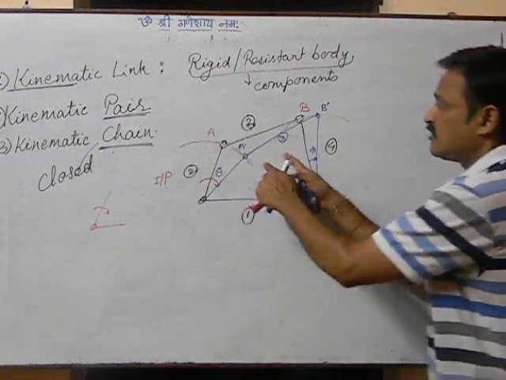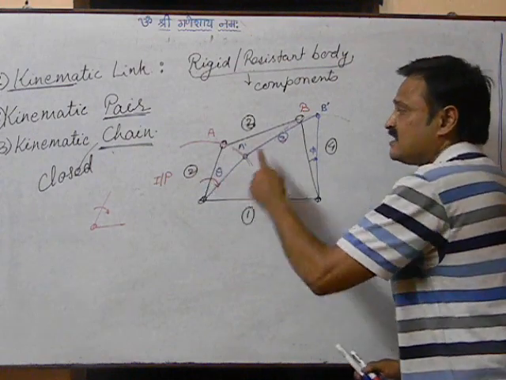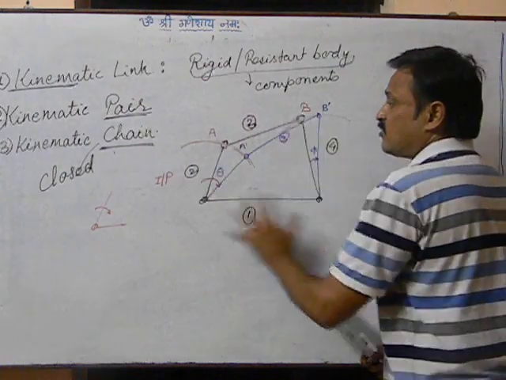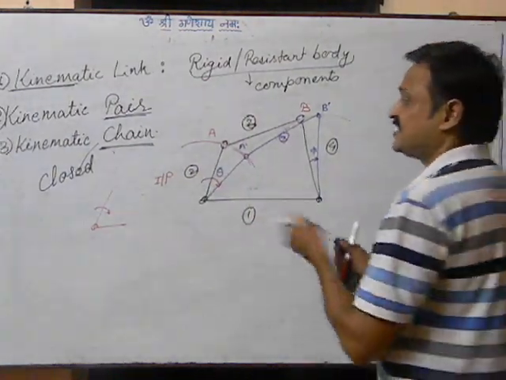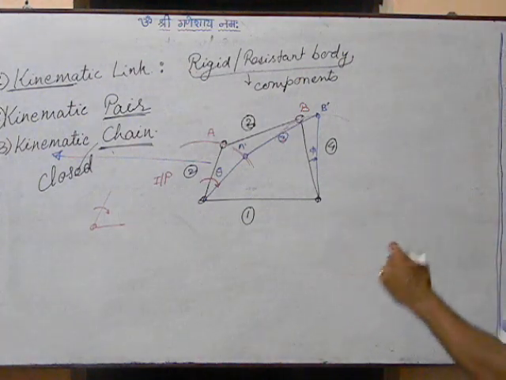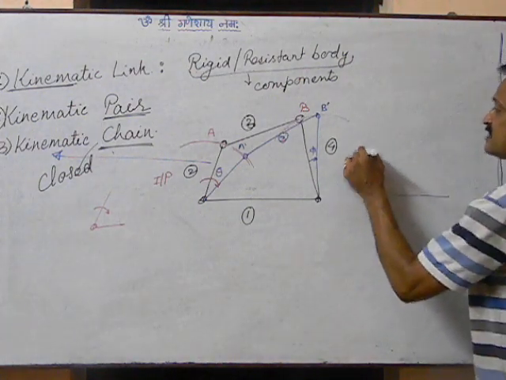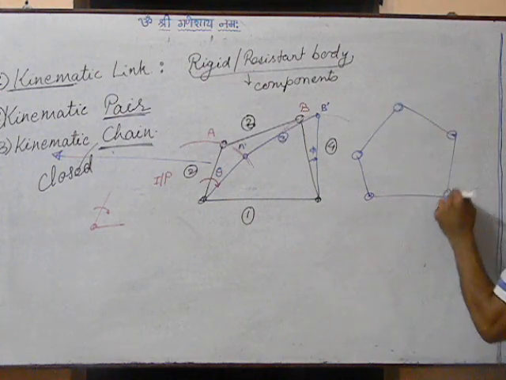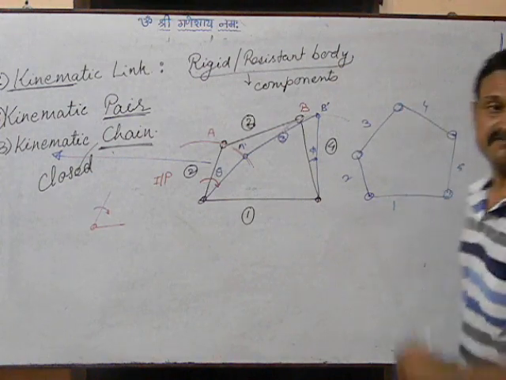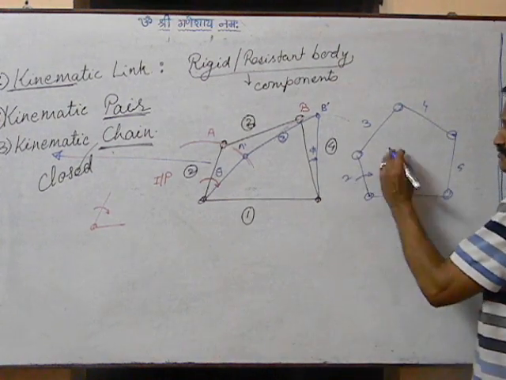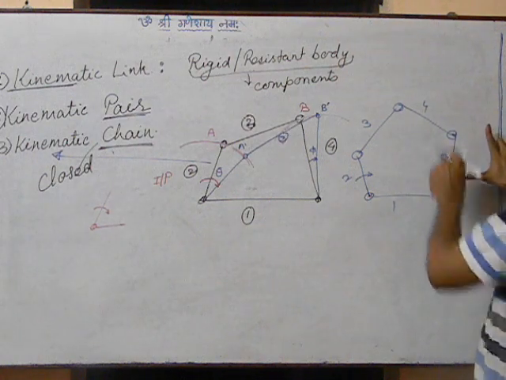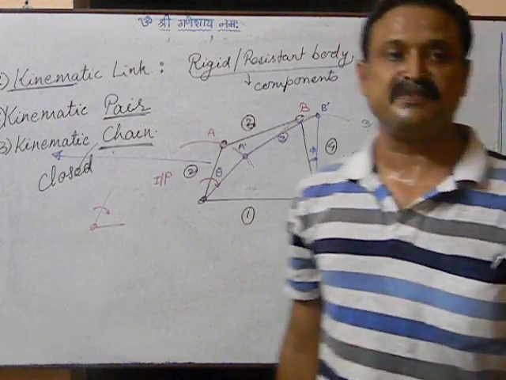Now if you see, when I move one link, every body here has a relative motion. When all bodies execute a relative motion, only then it is called a kinematic chain. Whereas if I take, say, a 5 link mechanism, this is 1, 2, 3, 4, and 5. If I turn link number 2, chances are that 4 and 5 just simply turn together, and there cannot be any motion between 4 and 5.